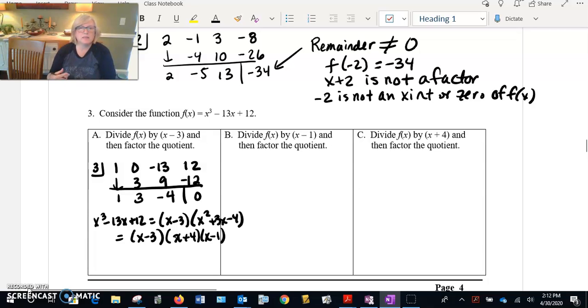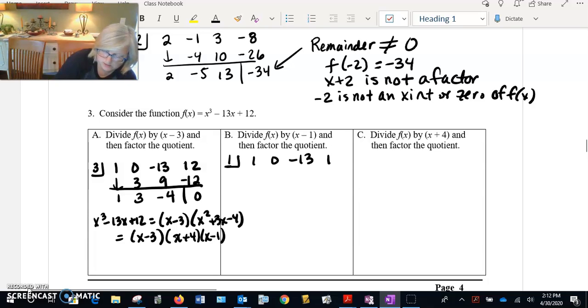If we look at divide by x minus 1, now this is kind of the trick that you're looking at. If I take the original, okay, and divide by x minus 1, then I'm going to have 1 going into 1, 0, negative 13, 12. So 1, 1, negative 12, negative 12, 0.